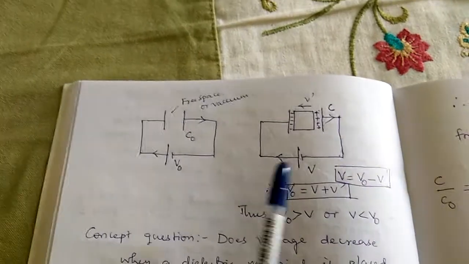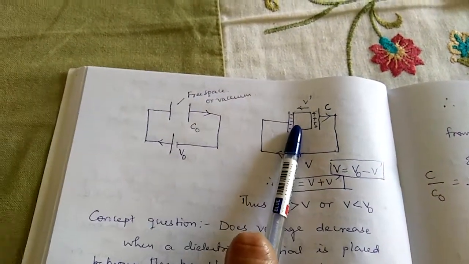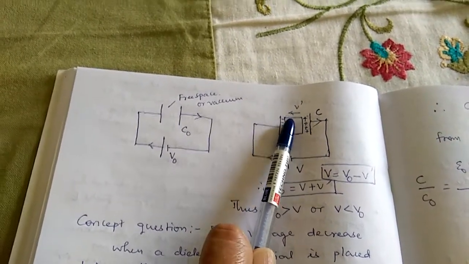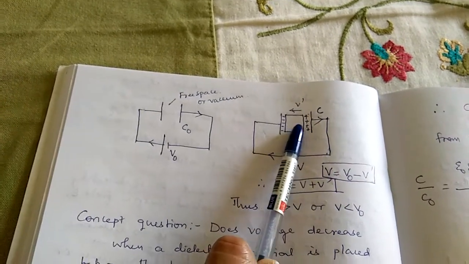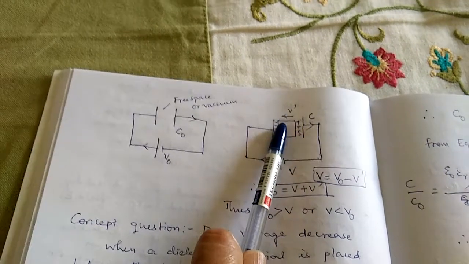Now if we compare when there is free space and when there is a dielectric material, just now I told you V dash is built within the dielectric material because of polarization of the charges, and we have taken it in the opposite direction.